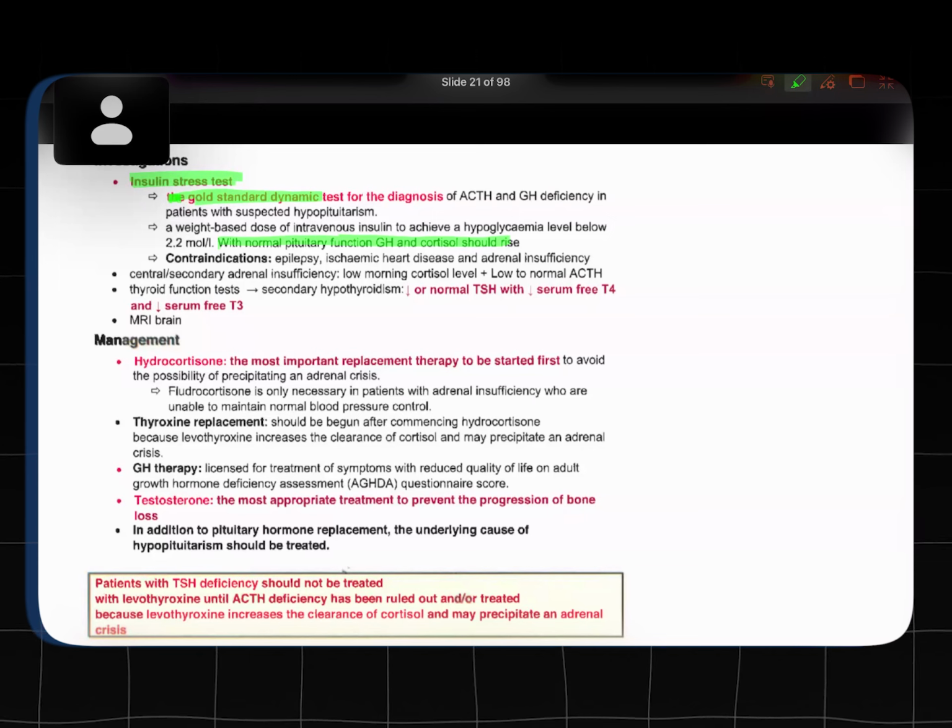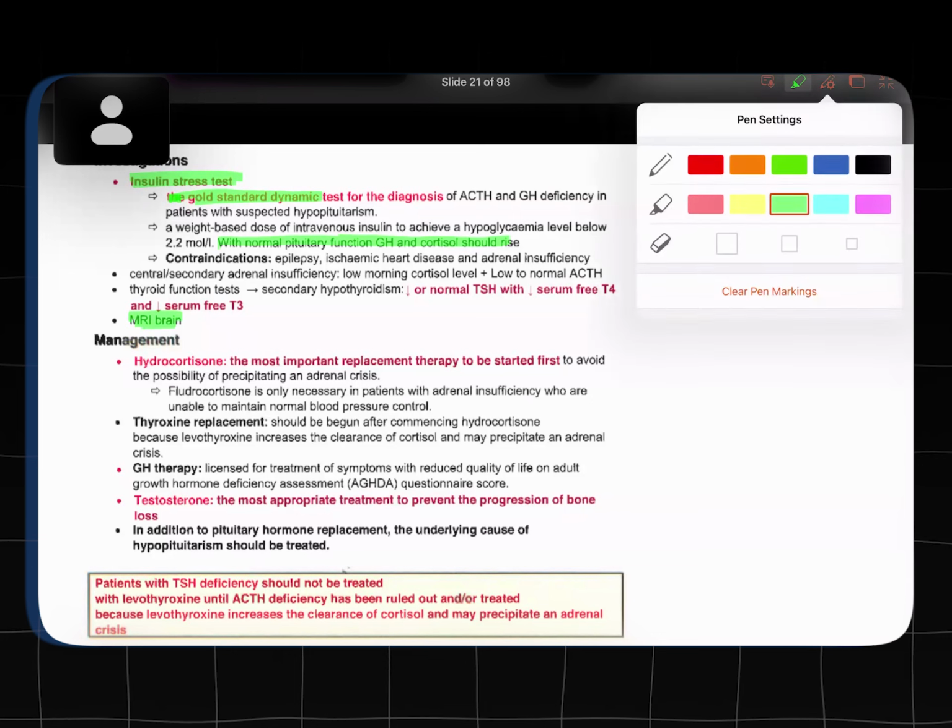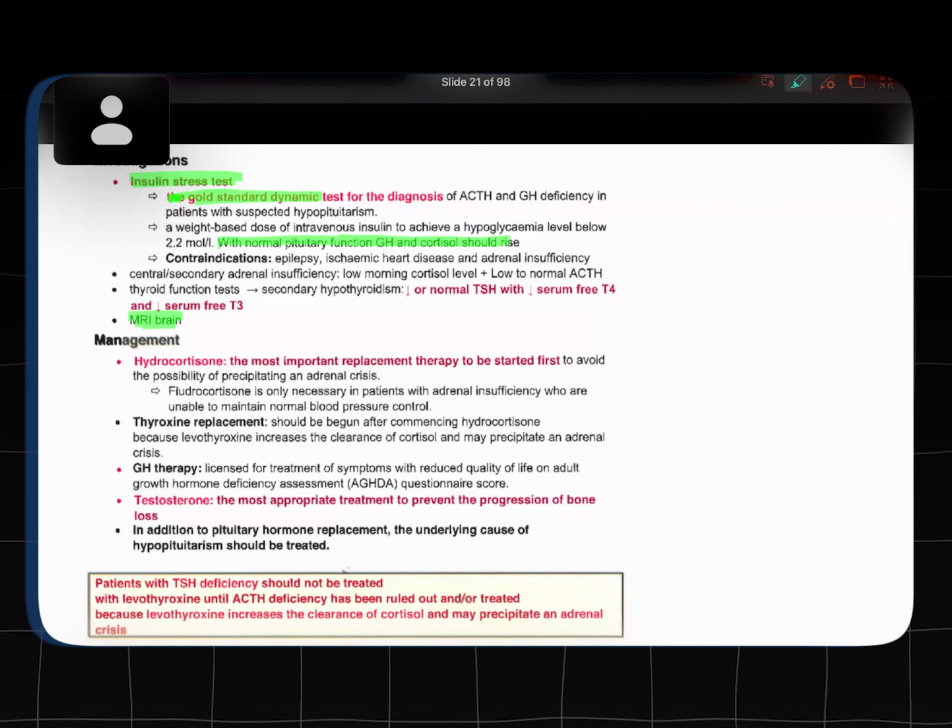And obviously, you can do an MRI brain also, and a cortisol level and ACTH level separately. But the gold standard test is the insulin stress test. This comes as a direct question: the gold standard test if you are suspecting panhypopituitarism is the insulin stress test, because it gives you an idea about both the growth hormone and the cortisol levels. Both of them should rise, because that is the normal phenomenon.